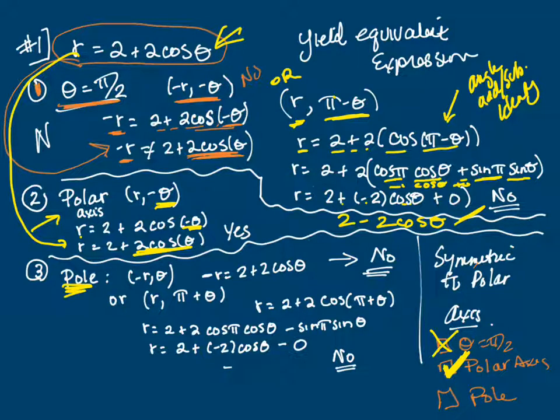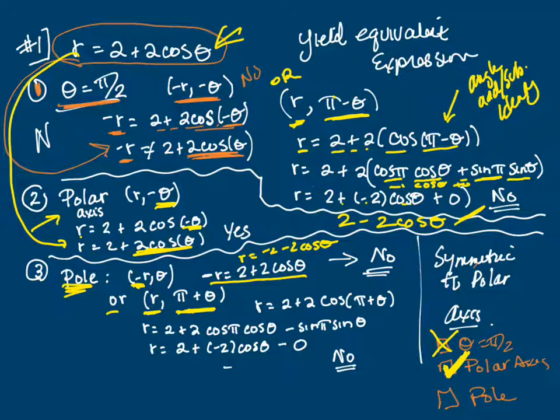So in the pole one, remember, you first start with changing to negative r and not theta. And definitely that won't ever come out to be the same, so no on that. If you were to solve this for r, you would get r equals -2 minus 2 cosine theta. So that's a no.